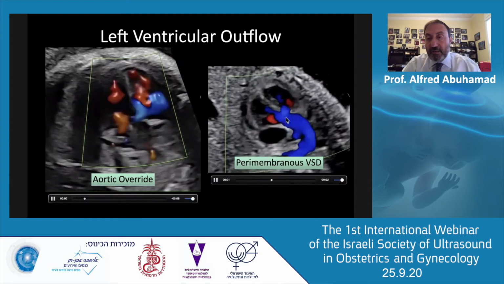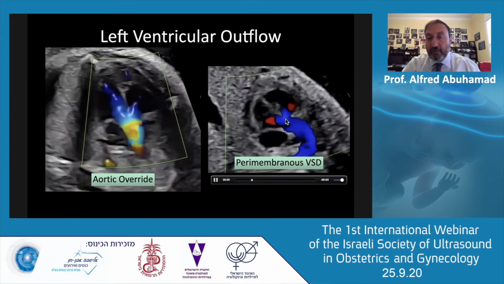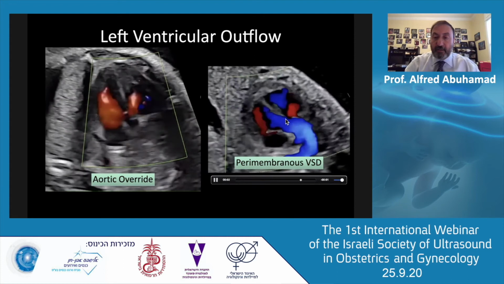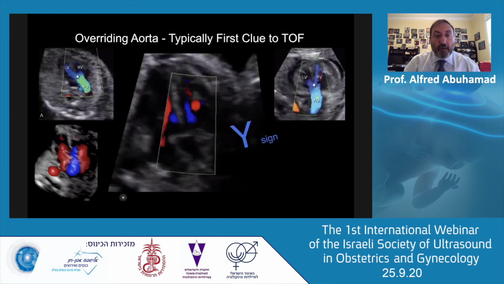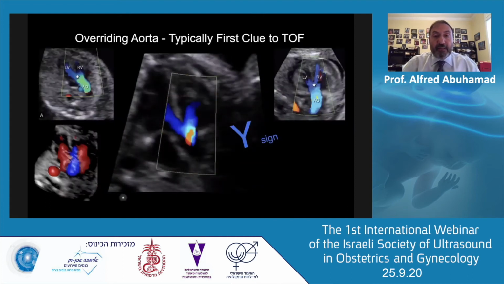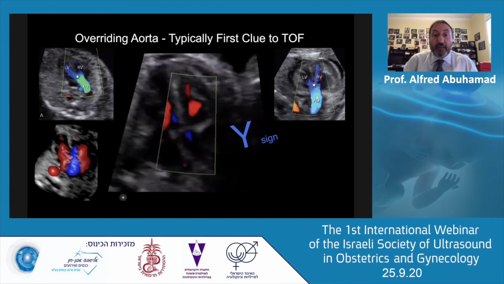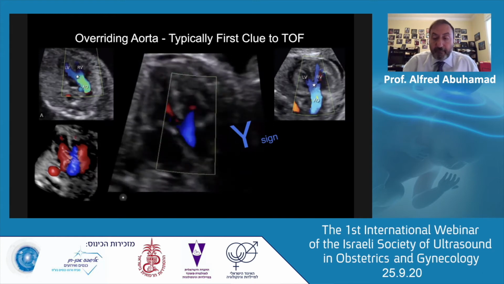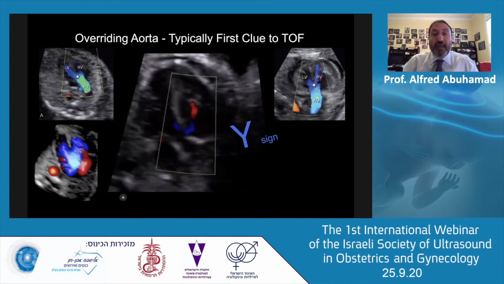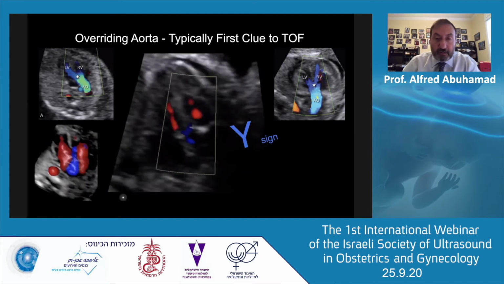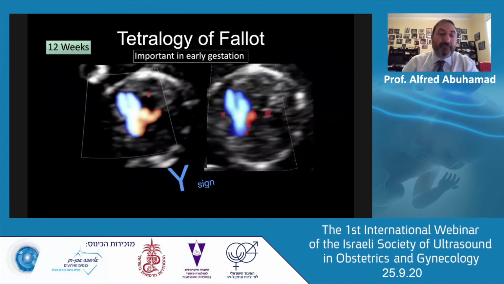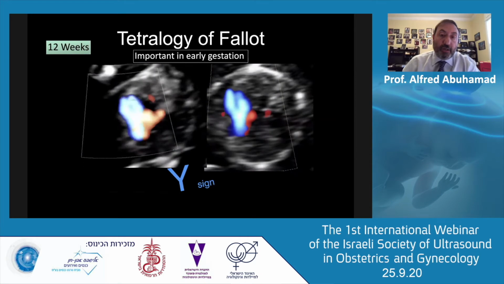And here you see blood from the right ventricle coming through the ventricular septal defect into the ascending aorta. And that is important because this is an important sign. It's called the Y sign. That Y sign on color Doppler makes you suspect the presence of aortic override and is important for the initial evaluation of fetuses with tetralogy of Fallot, and is very important in early gestation.